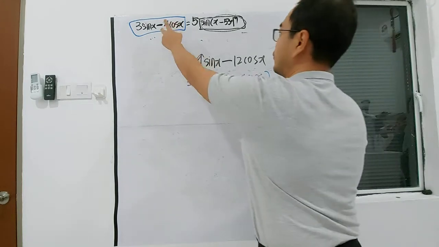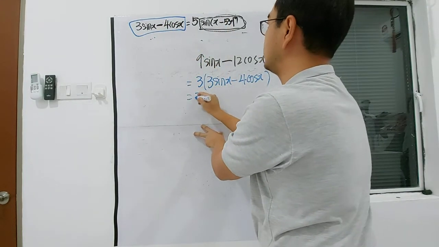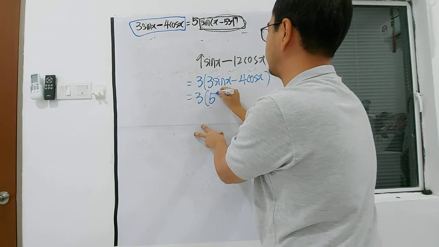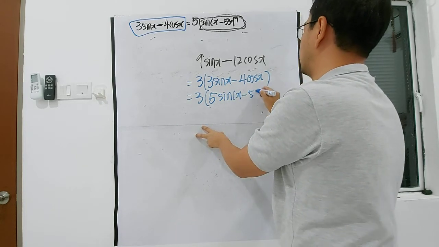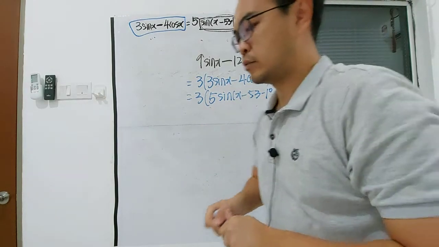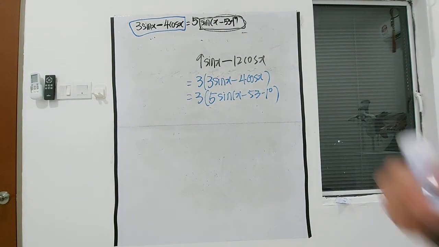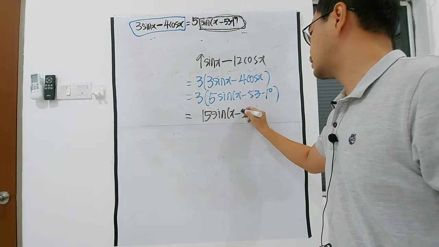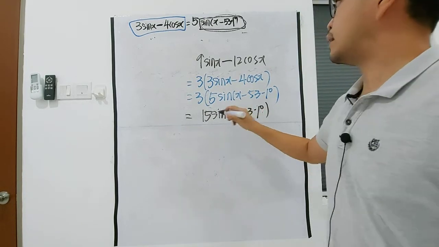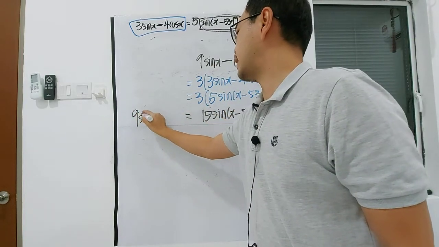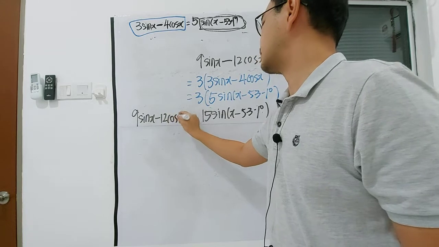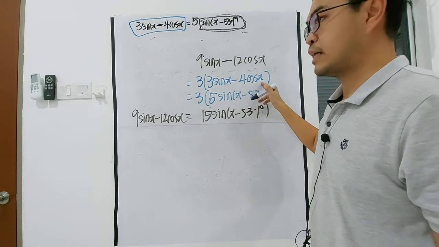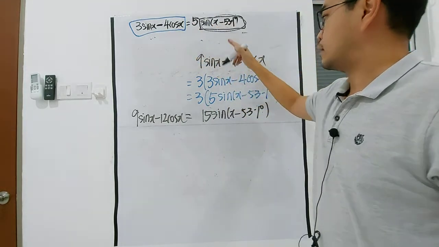If I'm not mistaken, I can factorize the 3 sin x minus 4 cos x. Can you see this? You can get from here, which is the same as 5 sin(x minus 53.1 degrees). So then you know that it will be 15 sin(x minus 53.1 degrees). So the 9 sin x minus 12 cos x, you factorize the 3 first to get this expression that is the same as this, so that you can apply this.